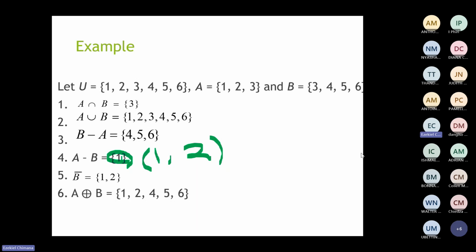No. On the symmetric difference, we need those elements which are in A and in B, but not in both. So we're looking at the union of A and B, but excluding the intersection. Yeah, exactly. If you look at A, you've got a 1 and a 2, which are not in B. If you look at B, we've got a 4, 5 and 6, which are not in A. That's why we've got 1, 2, 4, 5, 6 there.